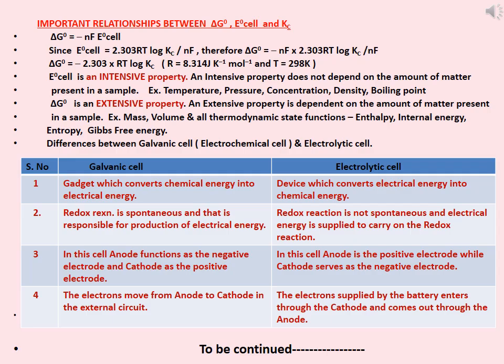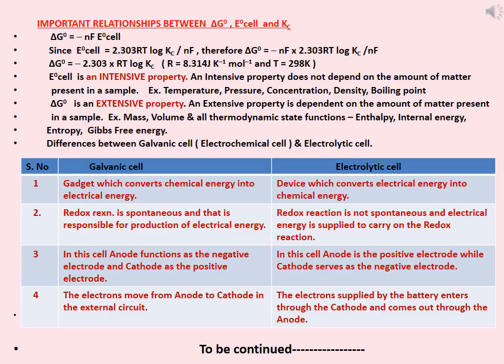Then, one thing we should remember is that E naught cell is an intensive property. An intensive property does not depend upon the amount of matter present in a sample. E naught cell is one example. The other examples are molar concentration, temperature, pressure, density, boiling point. These are properties which are labeled as intensive properties. The other one, extensive properties.